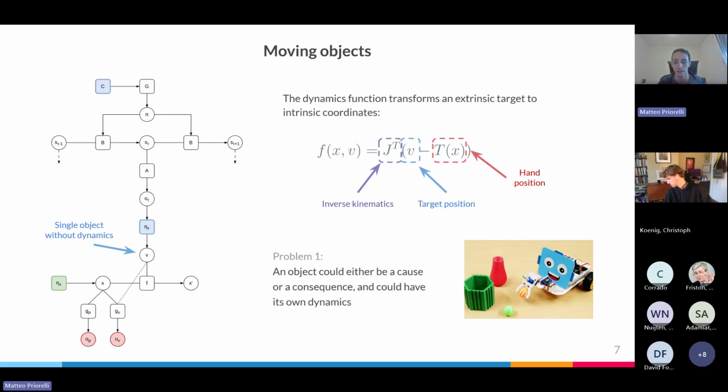For example, in the first pick action, the ball acts as a cause of our hand movements. However, in the second place action, this ball acts as a consequence of another cause, which could be the goal position. And also, if the objects are moving, we must somehow represent in our internal model their dynamics.